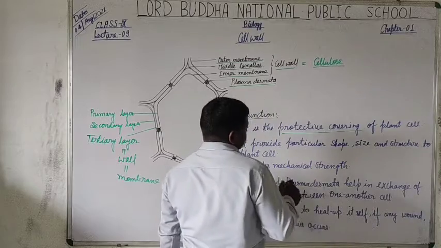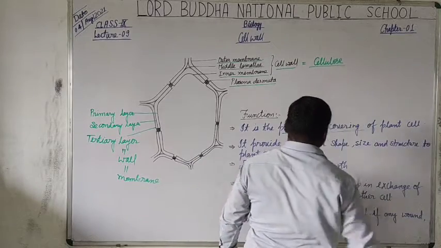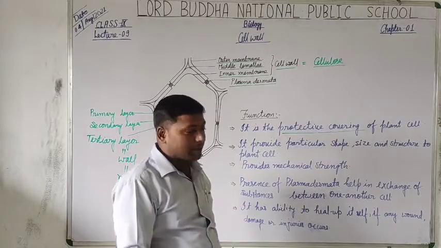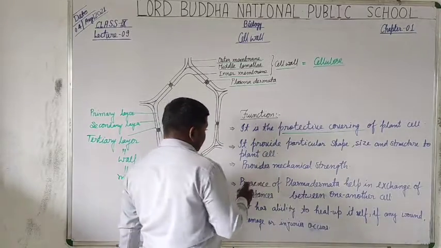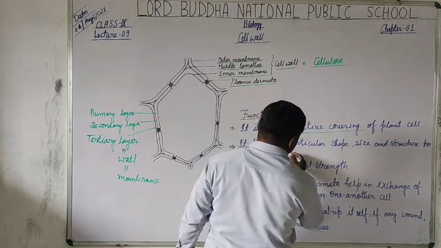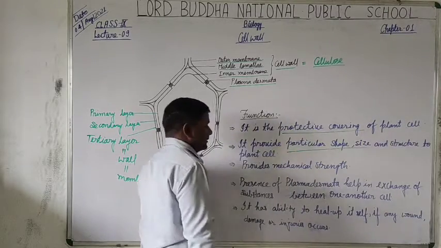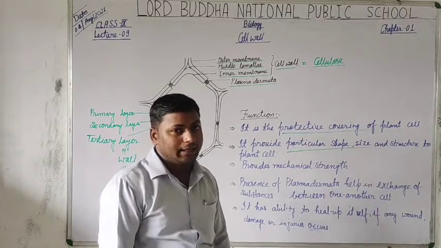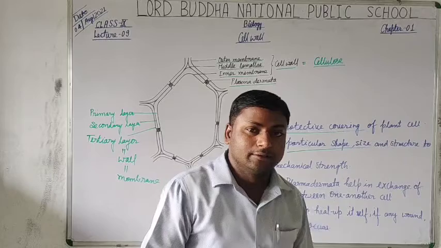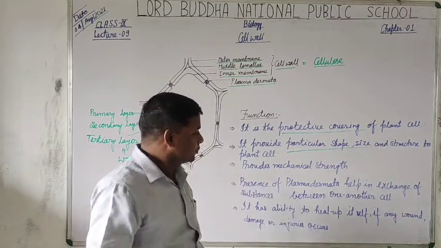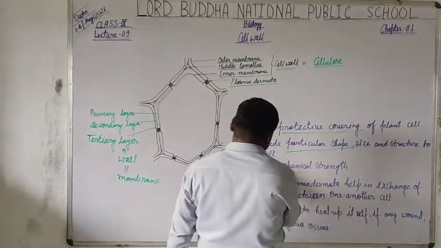The first and most important function is to provide a protective cover to the plant cell. The next function is that it provides a particular shape, size and structure to the plant cell.